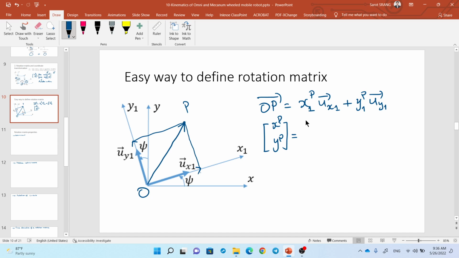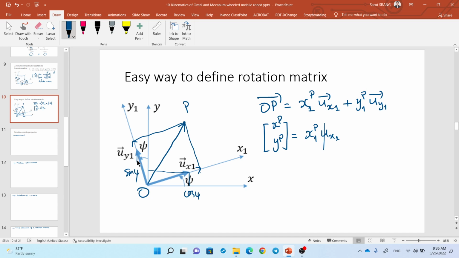And here we can write in the algebraic form. So we have H1P here, Y1P here, and UH1 here, which is a column vector because UH1 has a component on the x-axis, right? Cosine psi and sine psi.